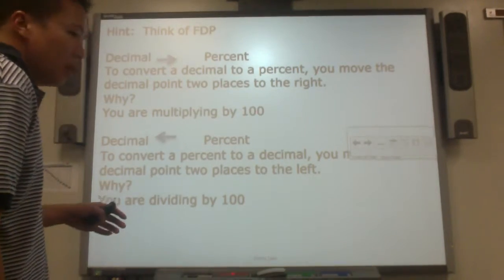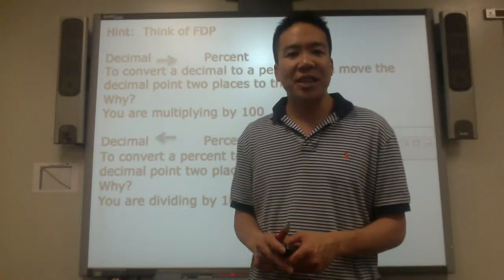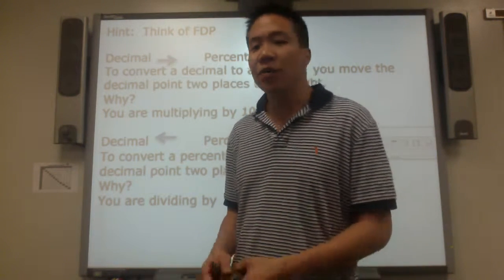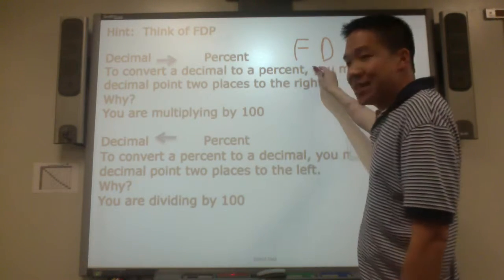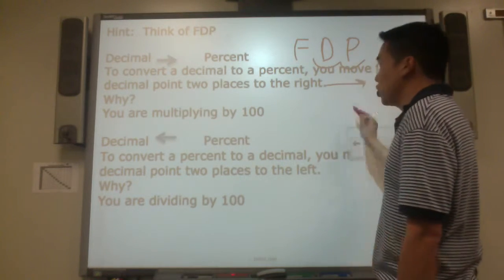So, yesterday, on the previous lesson, or inside your notebook, you should have gotten an FDP chart. This is something the 7th grade teachers do pass out. So what does FDP mean? To turn a decimal to a percent, you move the decimal 2 places to the right.